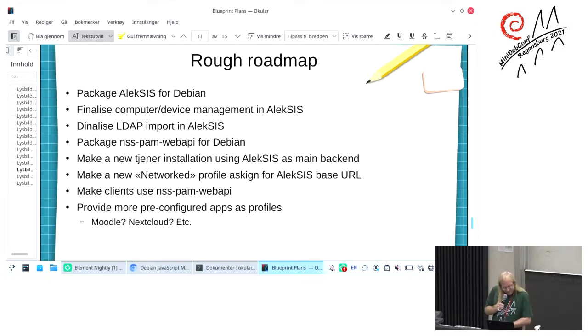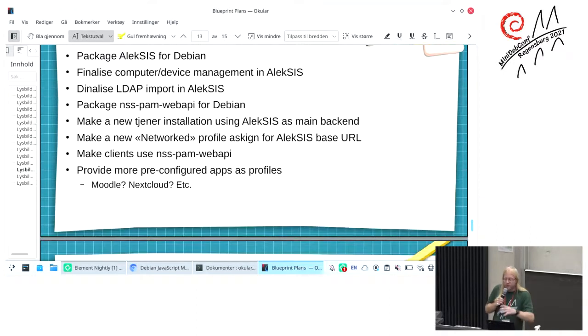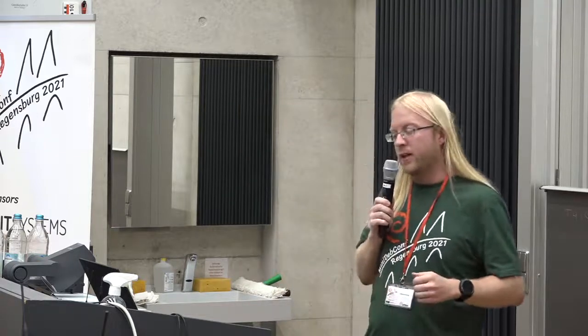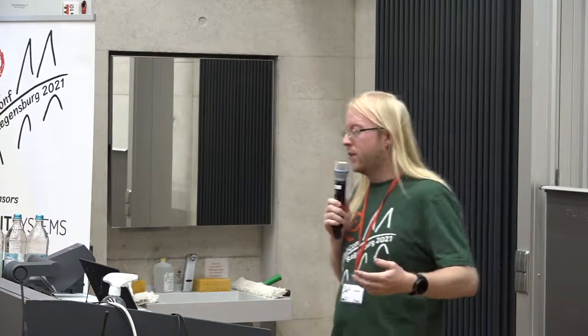And then we want to slowly migrate from the LDAP Kerberos system to the web API system, and then turn the main server profile into something that installs Alexis and configures it as a backend for the rest of Debian Edu. Once we're done with that, I hope that we can start introducing more profiles so that you can also install Moodle, Nextcloud, or some applications that matter to your school directly from the Debian Edu install and from the Debian Edu system.